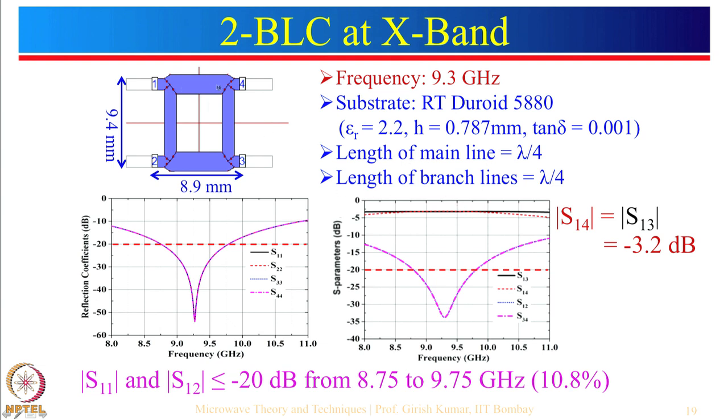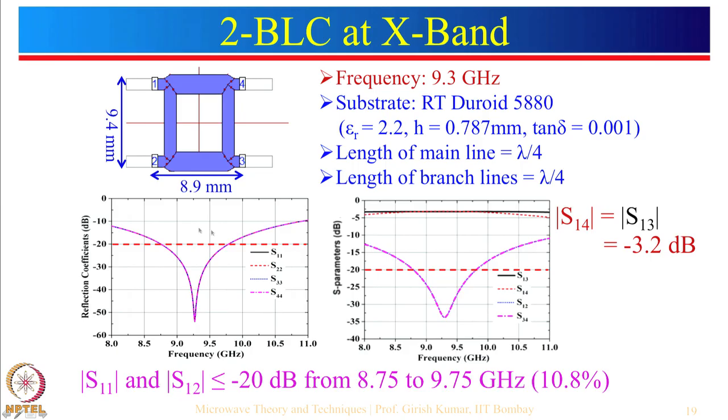So, please remember, this length will be slightly different than this length here, even though we say these are lambda by 4, because epsilon effective is different compared to this particular branch line. So, the length will be slightly different. You can see that the entire size is less than 10 mm by 10 mm, so 1 centimeter by 1 centimeter.